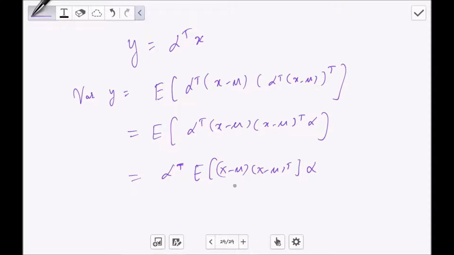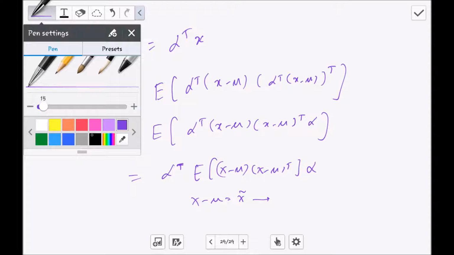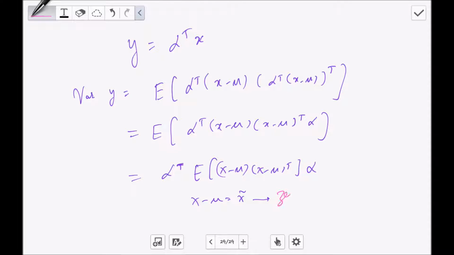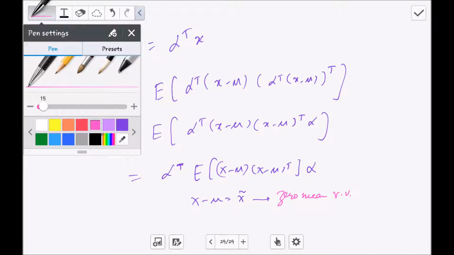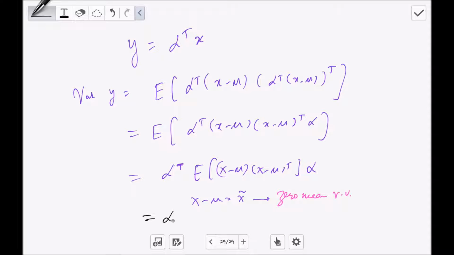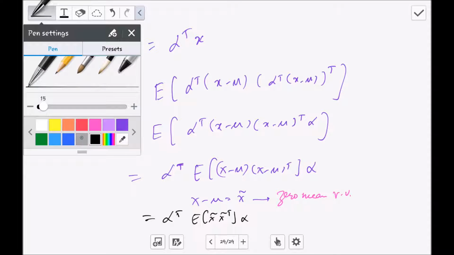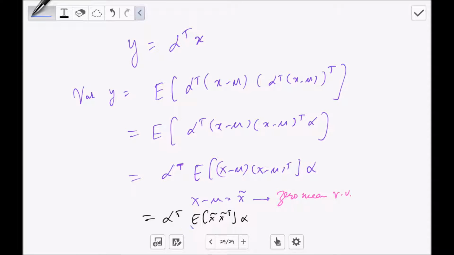Okay, now let us say x minus mu is equal to x tilde, and x tilde is a zero mean random variable. So this will become alpha transpose E x tilde x tilde transpose alpha. This is the exact derivation of the covariance matrix.